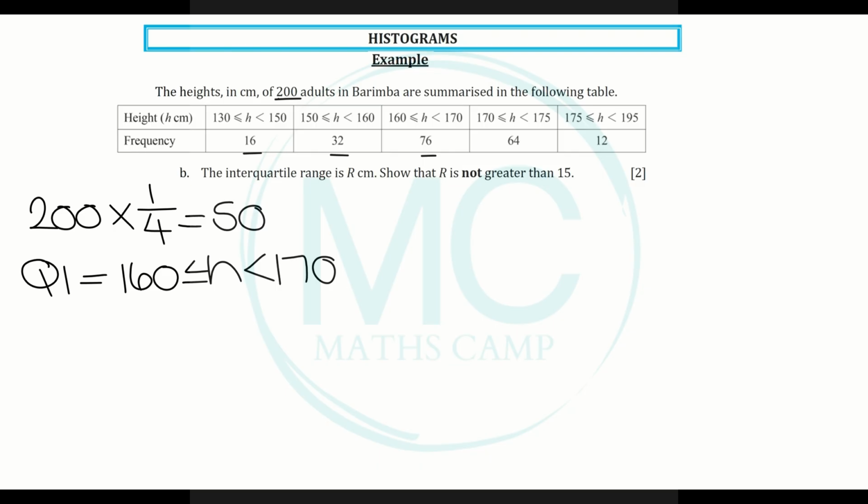Q3 is 3/4 of the way up in terms of values. So I can say 200 multiplied by 3 over 4, and I get 150. Now I can count my frequencies until I reach 150. 16 plus 32 gives me 48, plus 76 gives me 124, plus 64 gives me 188.